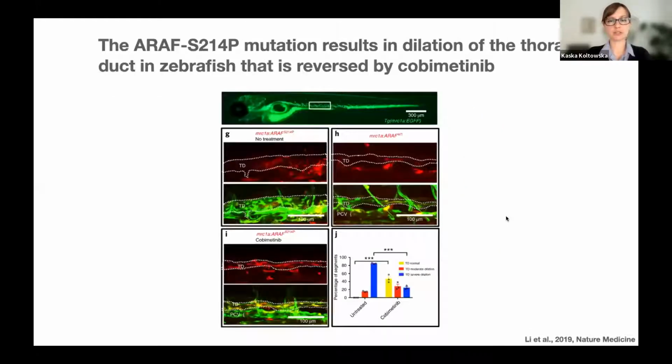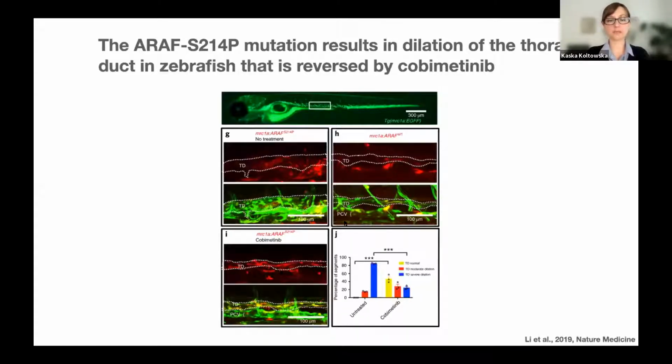So what these researchers did was generate a zebrafish line where they introduced the same mutation in the RF gene ectopically in the lymphatic vessels. And you can clearly see that the thoracic duct, the main vessel, is really enlarged compared to the control overexpression of the wild type form of this gene. Then they conducted a small screen looking for MEK inhibitors in order to find one that would block this phenotype.